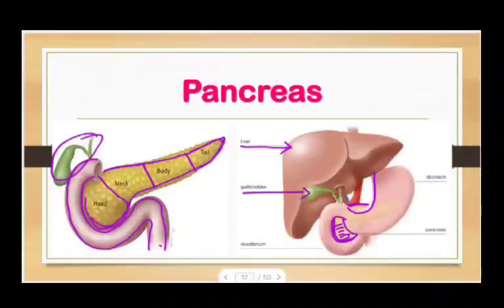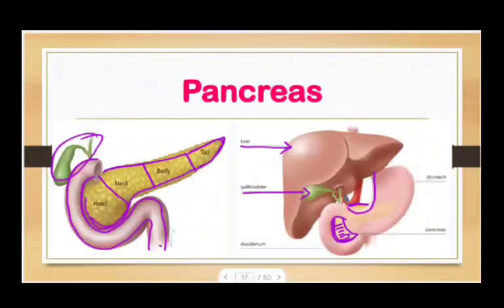Now this pancreas is mainly a digestive gland. It secretes enzymes for the process of digestion. The enzymes produced by the pancreas break down carbohydrates, proteins, and fats during the digestive process. However, food does not reach the pancreas.